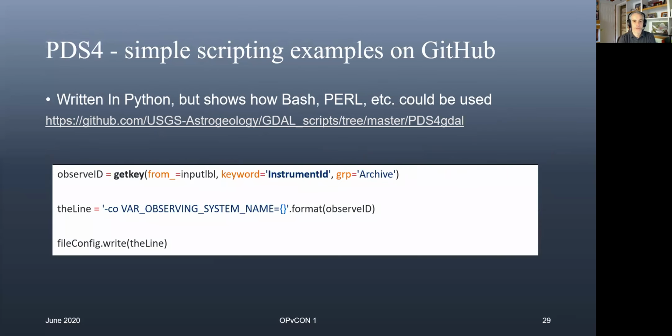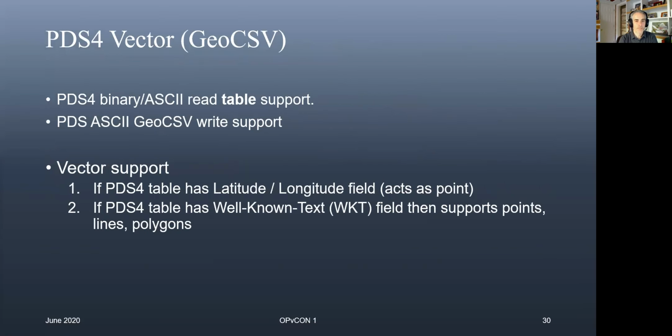And so there's some examples here at this GitHub site talking about how we archive ISIS files. PDS4 vector is what we call a GeoCSV. It's a kind of weird format that's existed for several years. Essentially, it's a CSV table with a well-known text geometry string tagged onto the end.